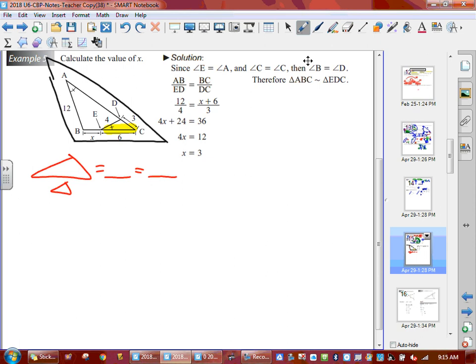So, small triangle numbers, the numbers I have, I've got 4, a 3, and a 6. Okay, on my small triangle. That's this number here. I have a 4, a 3, and a 6. Okay? Now I have to find out which guys match. So, we have to find our ticks now. So I have a single tick right here, a single tick in there is going to match the single tick right here.